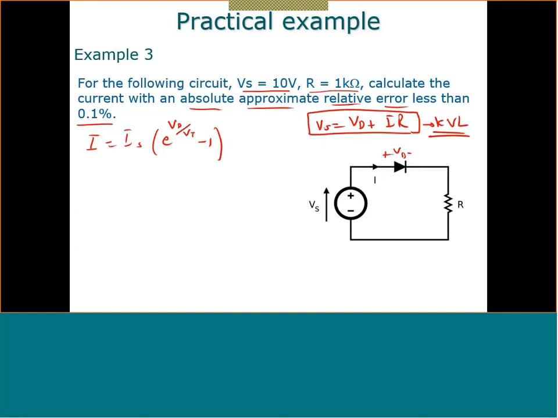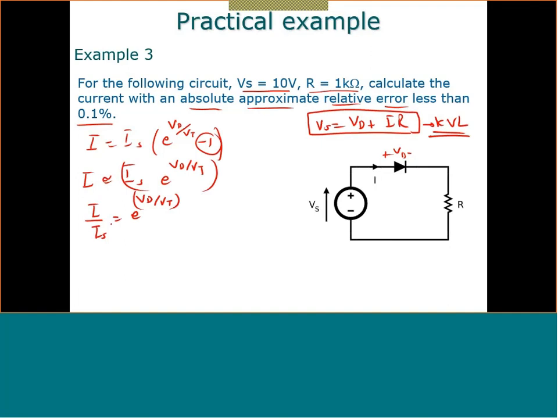Now, to simplify this, I can assume that I is equal to Is times e to the power of Vd over Vt, approximately. I can cancel the minus 1, and it doesn't really have a big impact. So this is now my equation. So divide by Is. So I divided by Is is equal to e to the power of Vd divided by Vt.